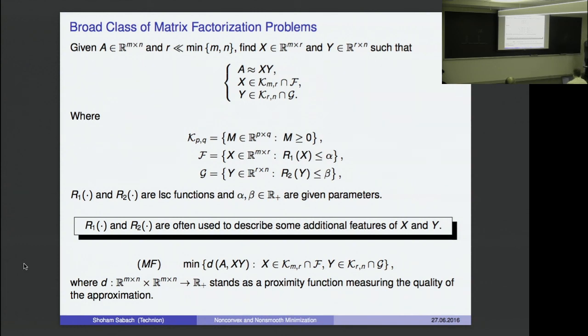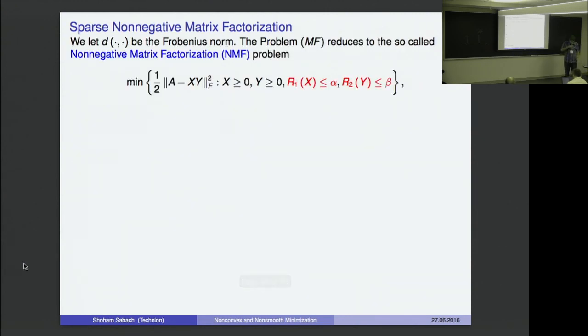So this is a very broad class of non-negative matrix factorization problems. But I would like to focus here on a special choice for the proximity function, and I will take the function D to be the Frobenius norm. And then what you get is the very classical problem of non-negative matrix factorization. Actually, it is non-negative matrix factorization if you ignore the rank constraint.